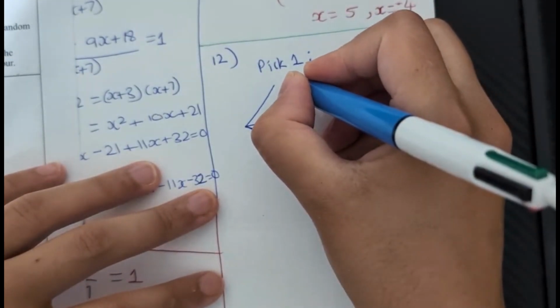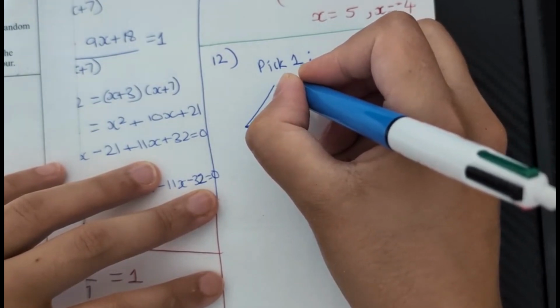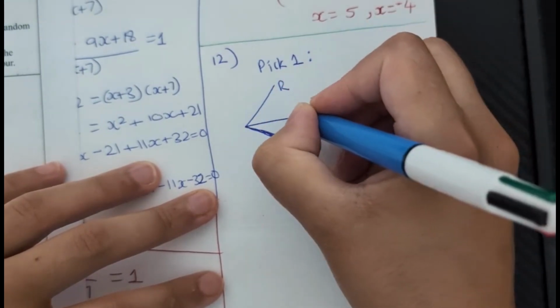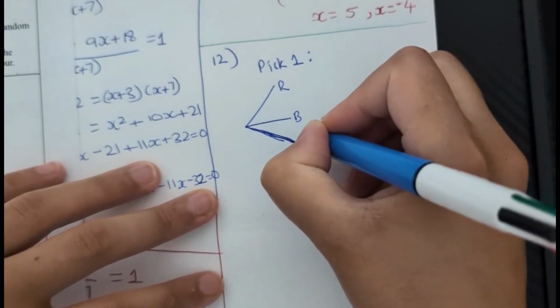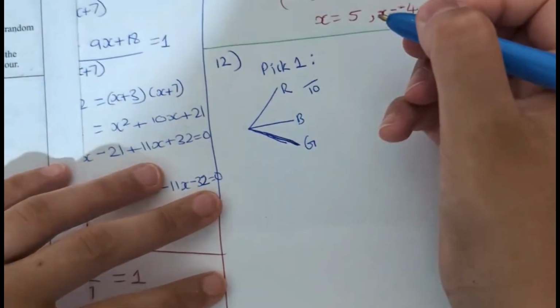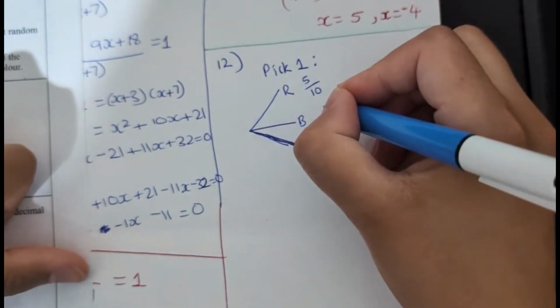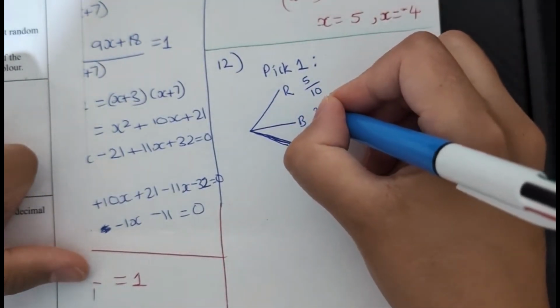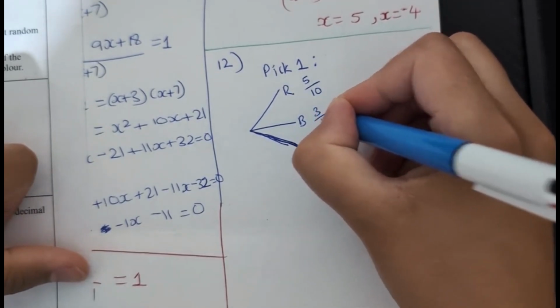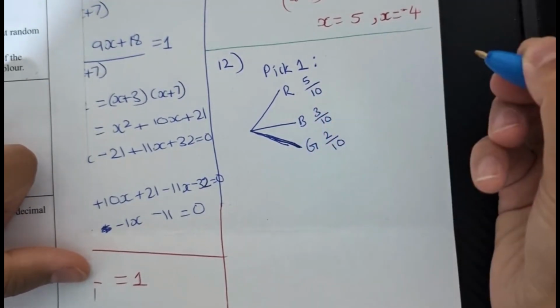So pick 1 is going to be my R, my red counters, my blue counters, and then my green. They are all out of 10, because that's how many there are altogether in the bag. 5 are red, so it's 5/10 for red. 3 out of 10 are blue. 2 out of 10 are green.